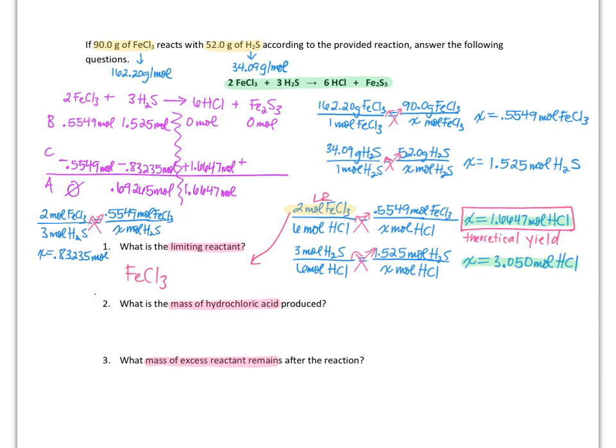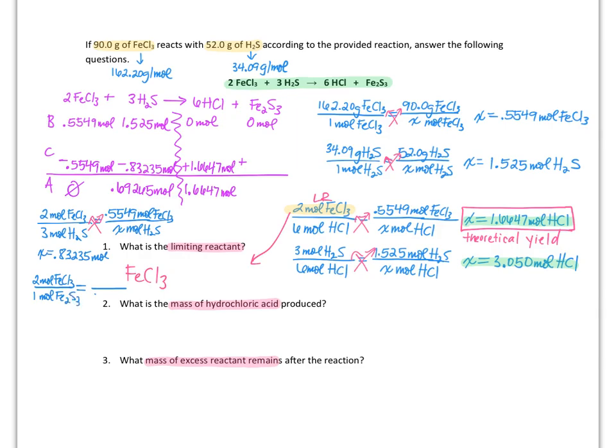Okay, last proportion. See if I can squeeze it in. Let's do it here on the side. Okay, so we're looking for how much of that final product we can form. So, like I said, I'm going to try to squeeze this in. Maybe right here. Okay, 2 moles of FeCl3. Again, we got to use our limiting reactant because that's our determining factor for the product and how far the reaction can go before it's used up.